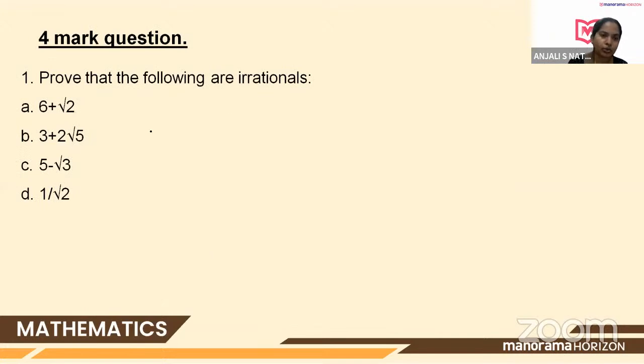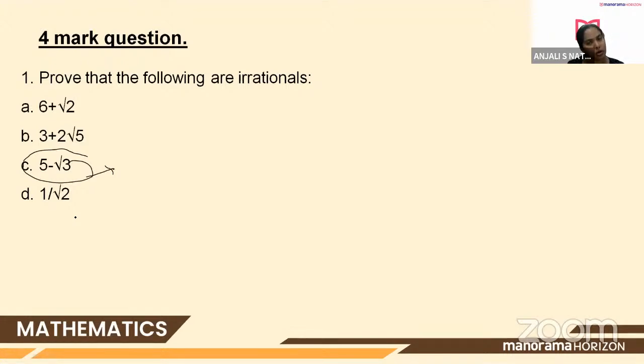And try to solve the question 5 minus root 3 by yourself. It's a similar question. First assume 5 minus root 3 is a rational number. Then we can take 5 minus root 3 is equal to a by b, and root 3 is equal to (5b minus a) by b. Then 5b minus a and b are integers, and that's why (5b minus a) by b is a rational number. But we know that root 3 is an irrational number.